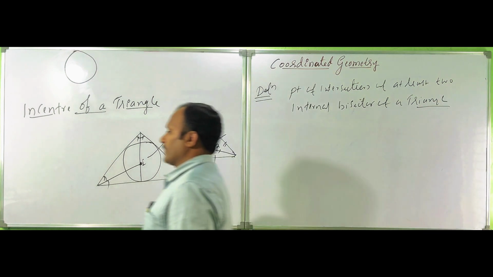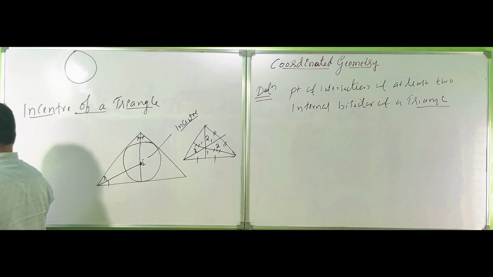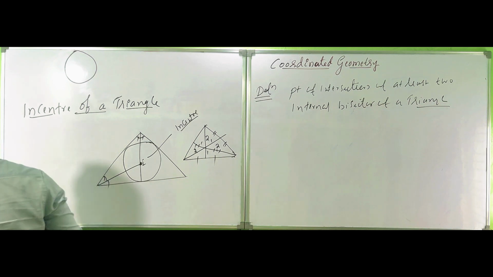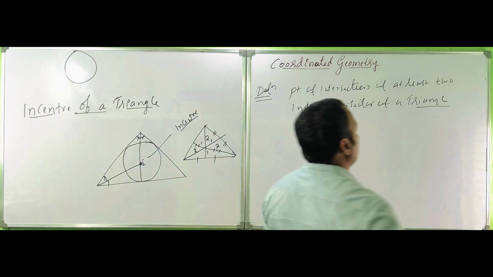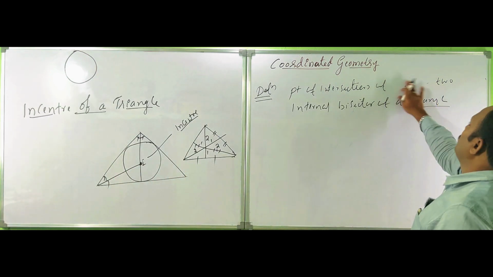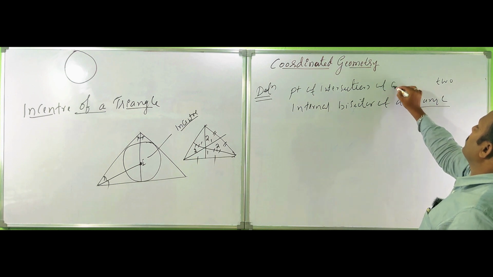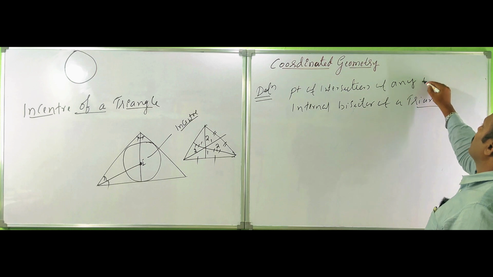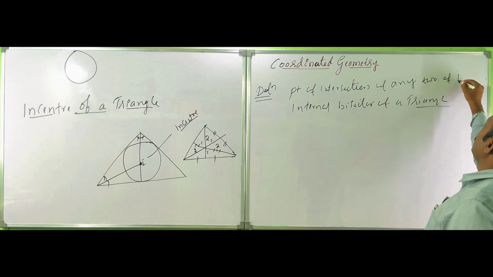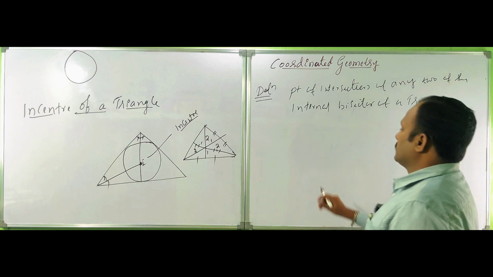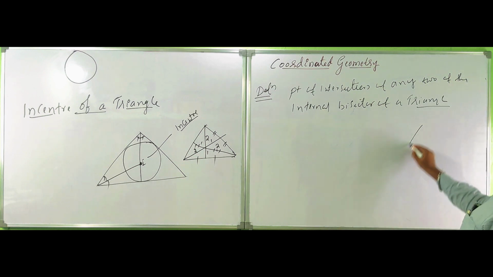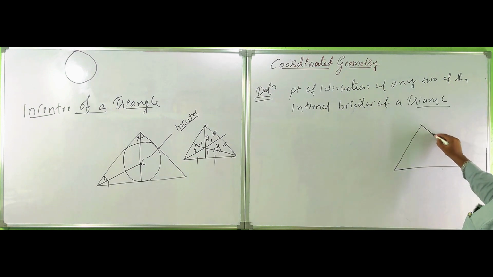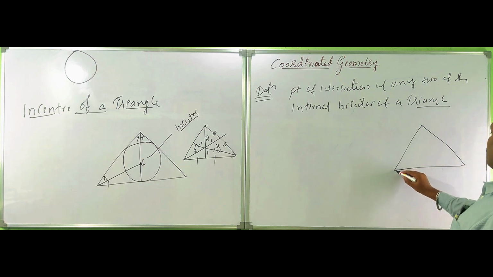The point of intersection of any two internal bisectors of the angles of a triangle is called the incenter of the triangle. Any two of the internal bisectors. A bisector means dividing the angle into two equal parts.